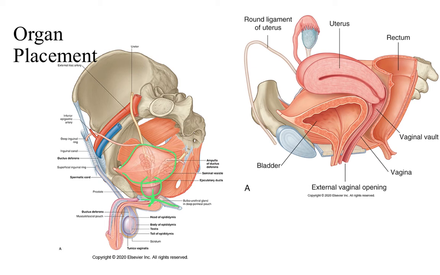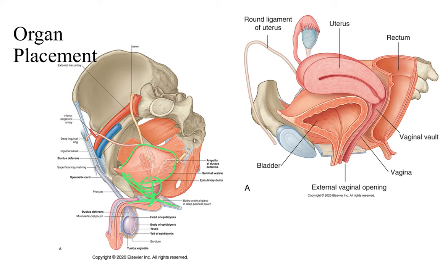So urine will flow from the bladder through the prostatic urethra, through the perineal membrane, and through the rest of the parts of the urethra as it goes to the outside of the body. And so notice also that the bladder and the prostate are oriented towards the anterior border of the pelvic cavity.